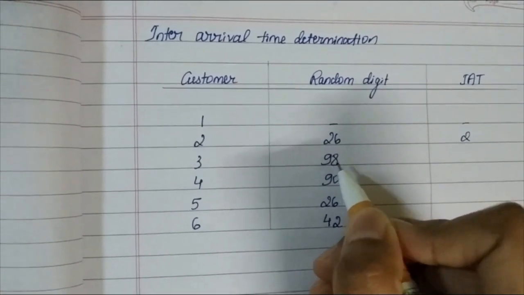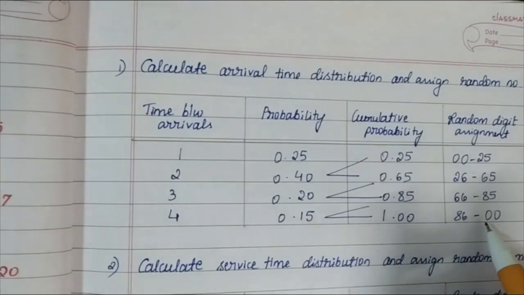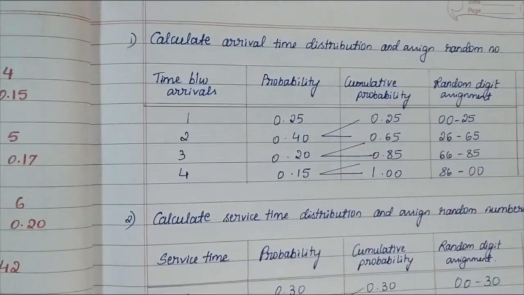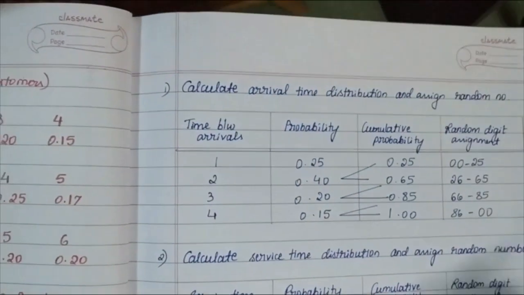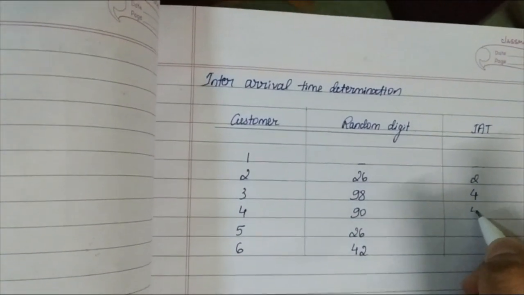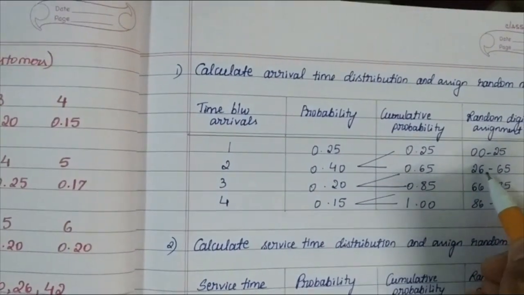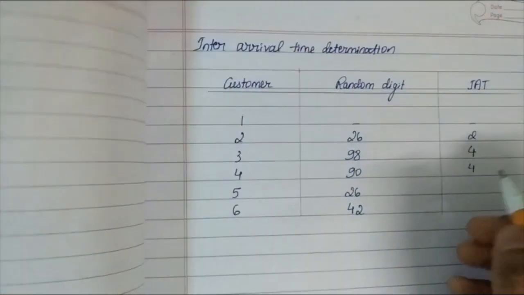Next, 98. 98 lies here, so time between arrival value 4. 90 also lies there, so 4. 26 and 42, they lie here, so 2 is the answer.